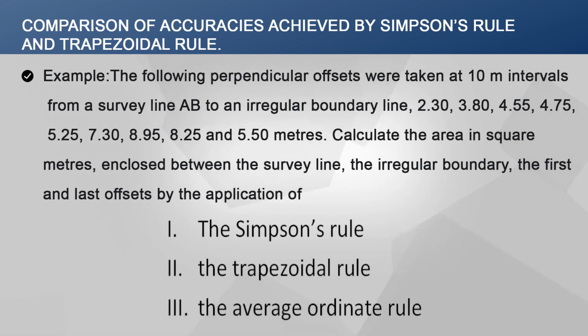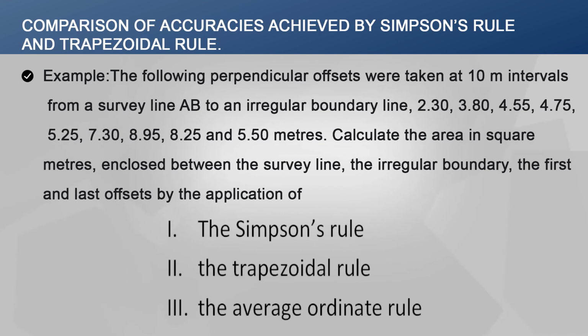Let's see this numerical example. The following perpendicular offsets were taken at 10 meter interval from a survey line AB to an irregular boundary line. What are the offset lengths? 2.3, 3.8, 4.55, 4.75, 5.25, 7.3, 8.95, 8.25 and 5.5 meter.